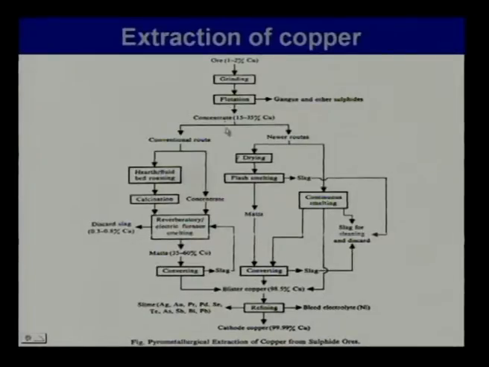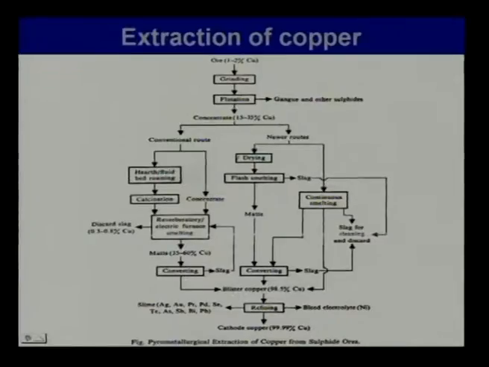So, starting with an ore which may contain only 1 to 2% copper, one can, after grinding and flotation, produce a concentrate which will have 13 to 35% copper depending on circumstances. And the gangue and the other sulphides which have not been floated will be taken out. There is a way of doing differential flotation also, that you float one sulphide, not the other sulphide, then in another step float the other sulphide.